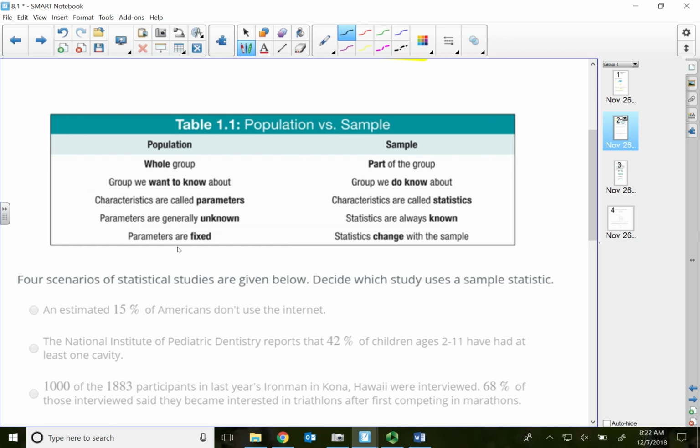Parameters are normally fixed, so we might assume the population mean or population standard deviation is a certain number. We can set our parameter as a fixed numerical value.